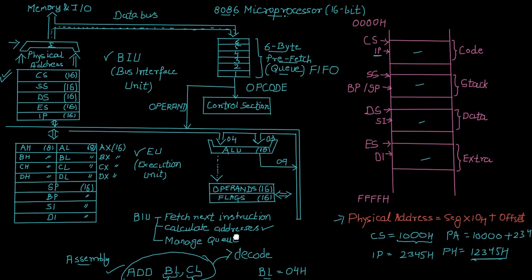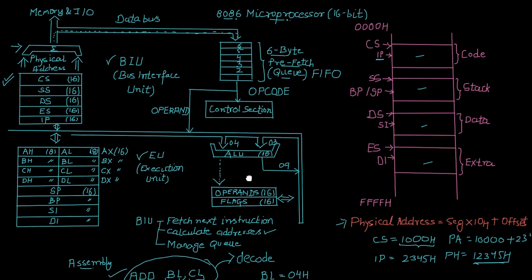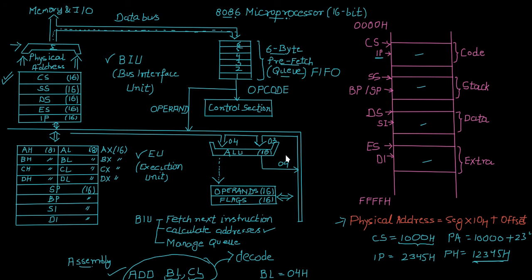Alright, so now we have studied the BIU. We have also studied that the microprocessor does three things. The first is to fetch, the second is to decode, and the third is to execute. So now we have covered the fetch and the decode part. I will just summarize it very quickly.